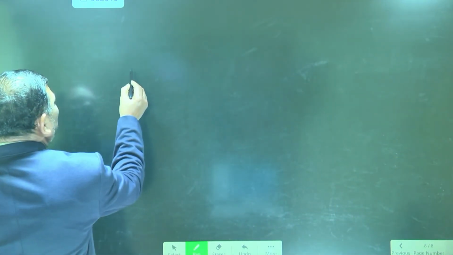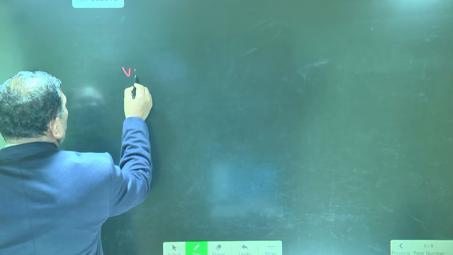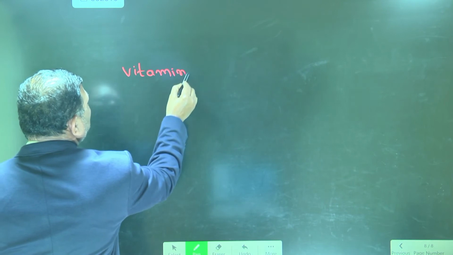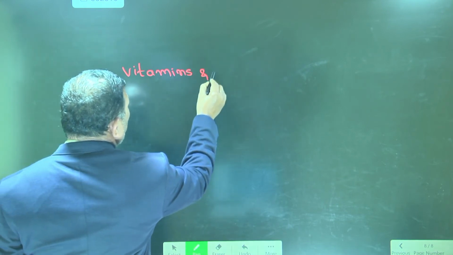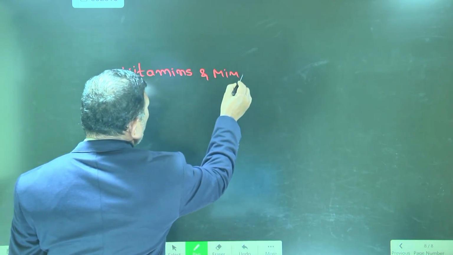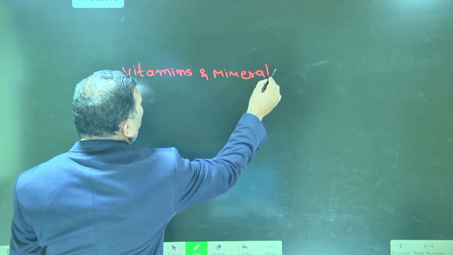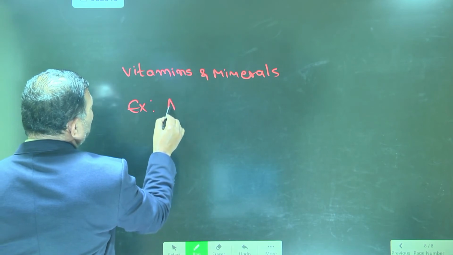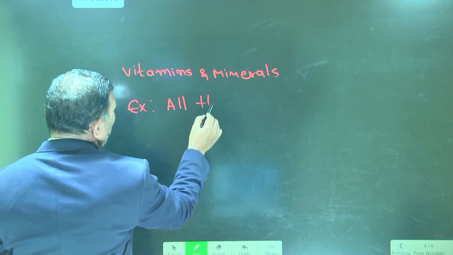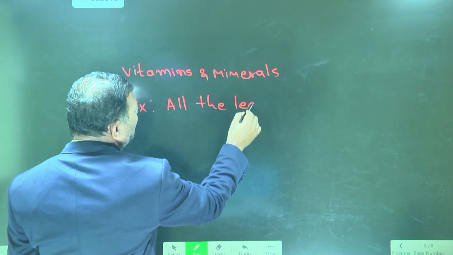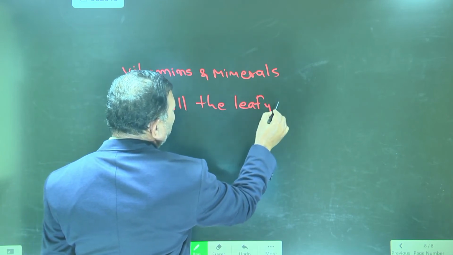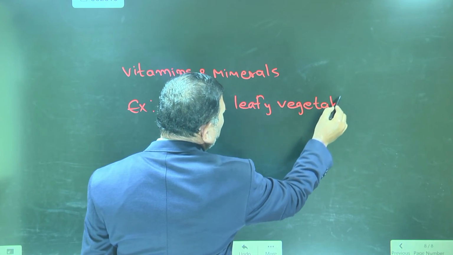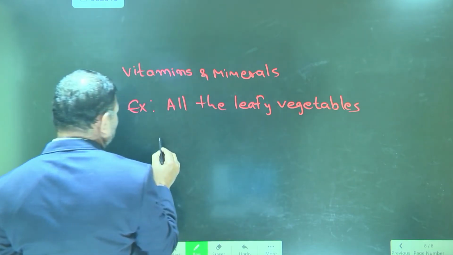In which food components are vitamins and minerals present? Vitamins and minerals are present especially in all the leafy vegetables. Next, all types of fruits.